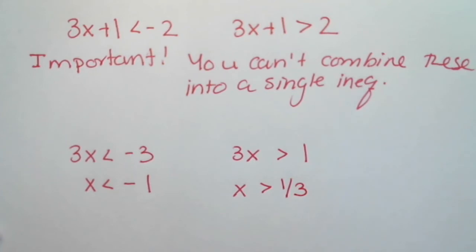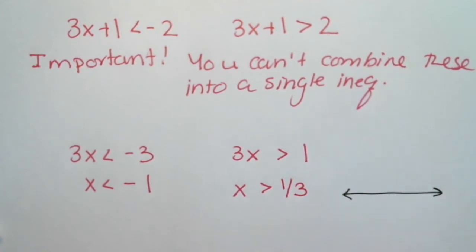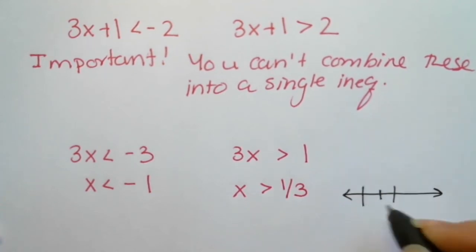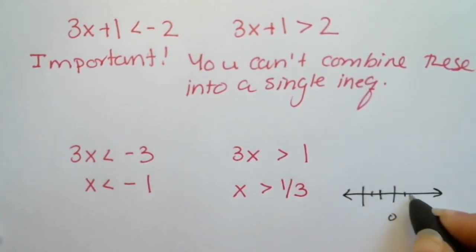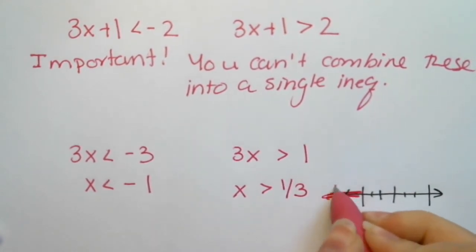Now you may or may not need to look at the number line to write the interval notation for this. Don't be afraid to look at the number line. So x is less than -1, that's going to look like this.